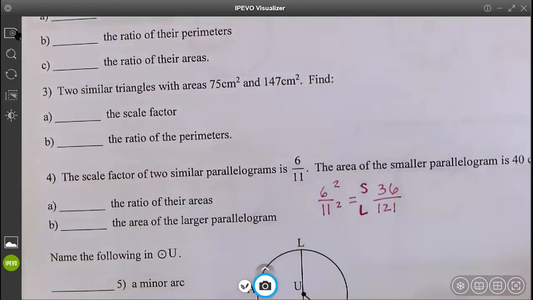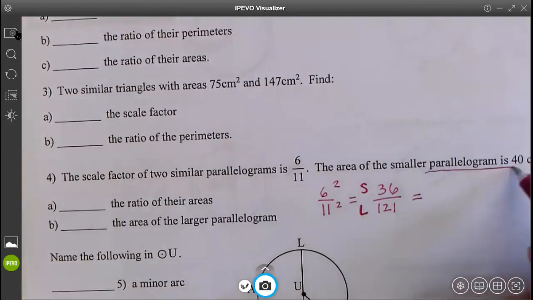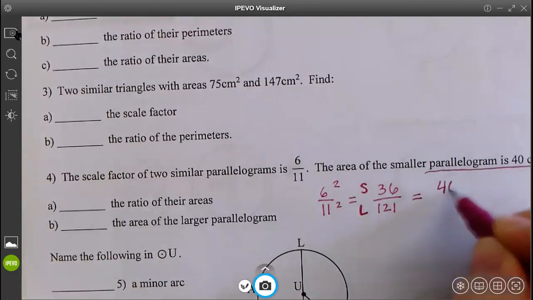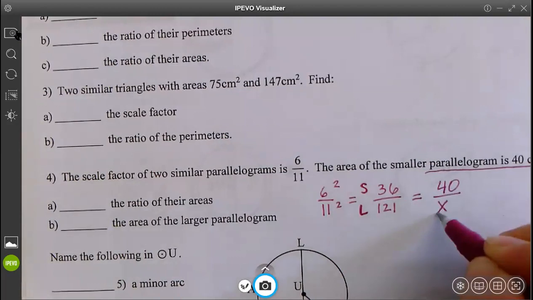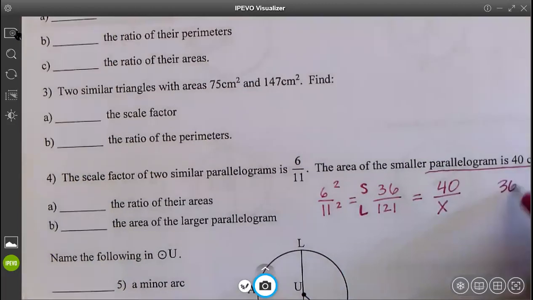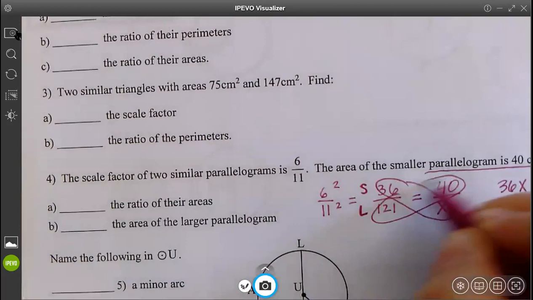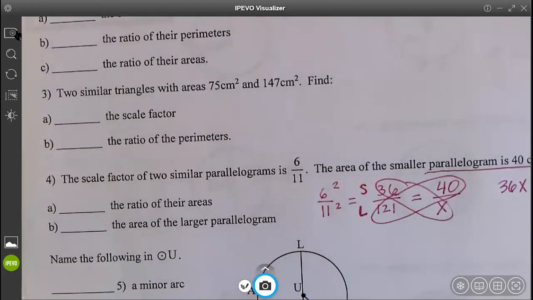The reason why I'm setting that up is because now I know that the area of a particular parallelogram is 40. So it'd be 40 over x. So now I'm going to multiply. I'm cross multiplying: 36x equals 121 times 40, and then divide by 36.